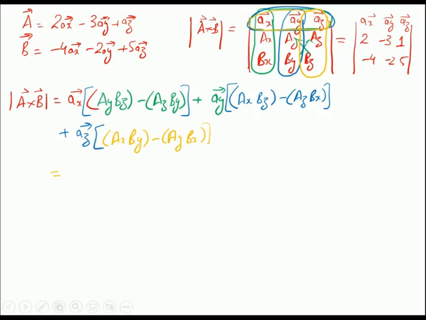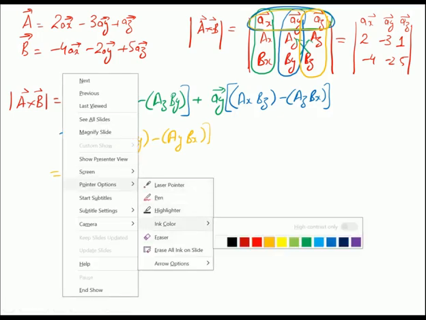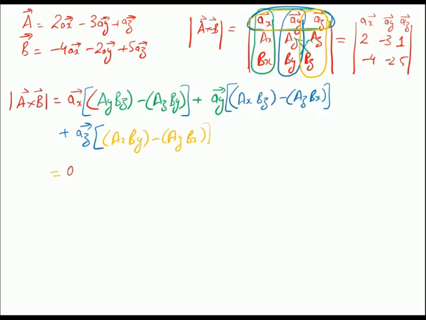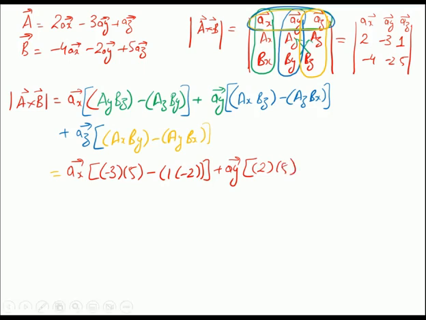So if we input everything into the values, ax will have a value of minus 3 into bz, which is 5, then minus 1 with minus 2. Then ay comes out to be 2 into 5, and you have minus 1 into minus 4.